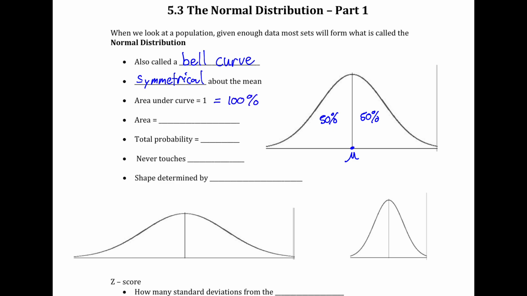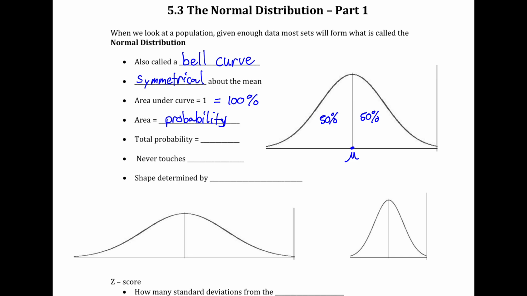Do you guys remember decimal percentages? Like probabilities, they usually are written as decimals. So the area under this corresponds to probability. In other words, where is this data likely to be found?